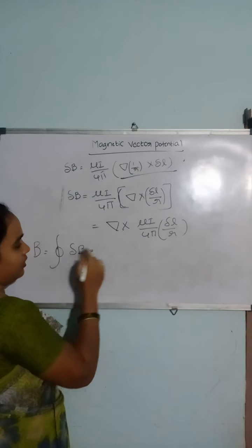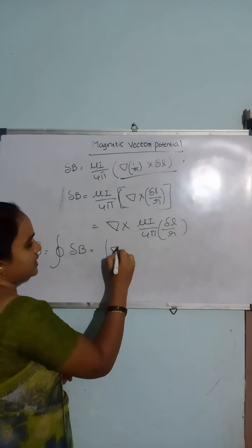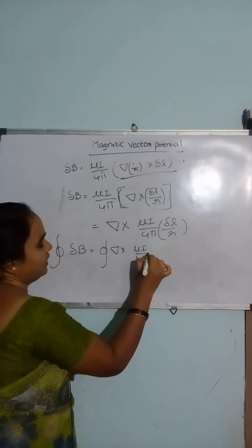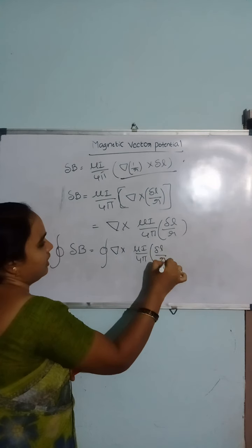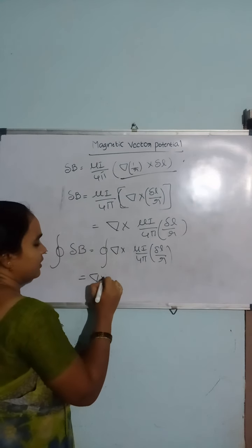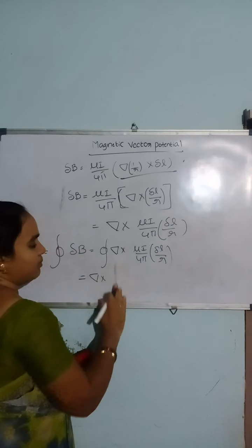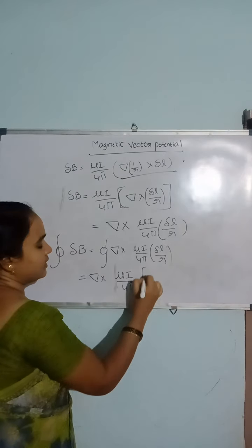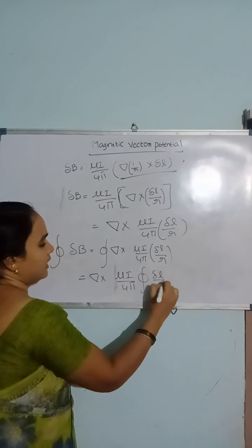For the closed loop, this is del cross of mu I by 4 pi delta L by R. I am taking out the del cross. Mu I by 4 pi is also constant, so we simply get a closed integral of delta L by R.